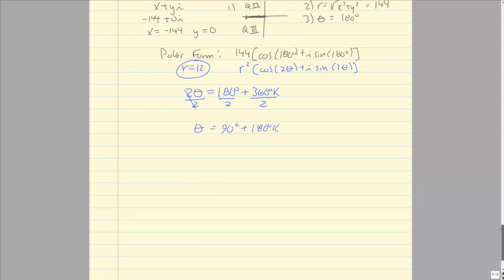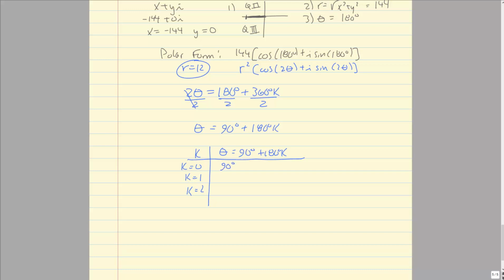Now next what we'll do is we will create this table. Now square roots to me mean I better have 2 solutions here, but let's find that out for sure. If it was cube roots, I'd look for 3 solutions. So I'll plug in k equals 0, k equals 1, k equals 2. If I plug in k equals 0, I get 90 degrees.